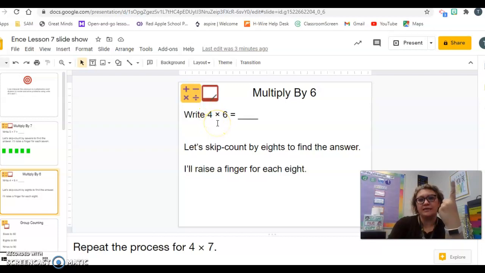Okay, 8, 16, 24. So the answer to 4 times 6 is 24. Let's count by 6s just to make sure, okay? 6, 12, 18, 24. Yep, same answer.